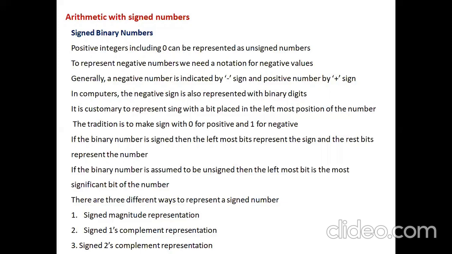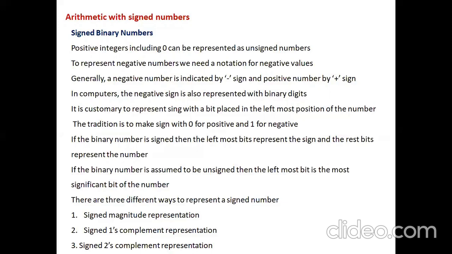As I have told you, if the leftmost bit is 1, the number will be represented as a negative number. If it is 0, the number will be represented as a positive number.